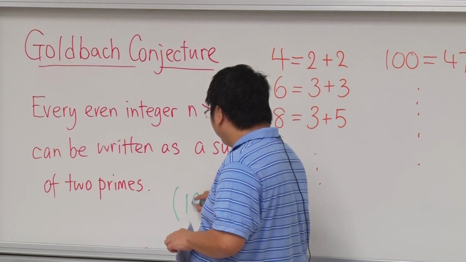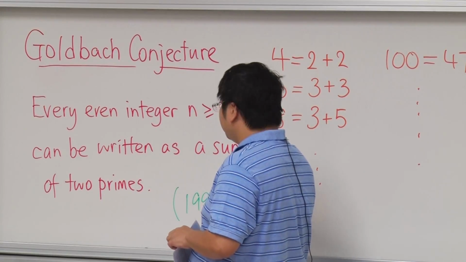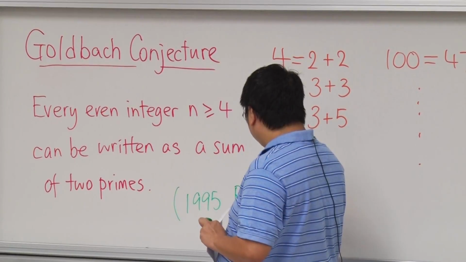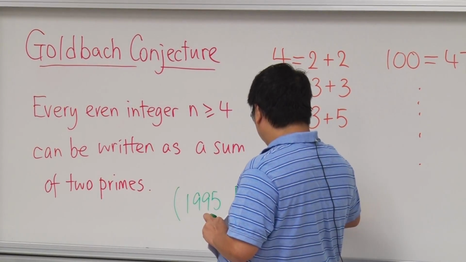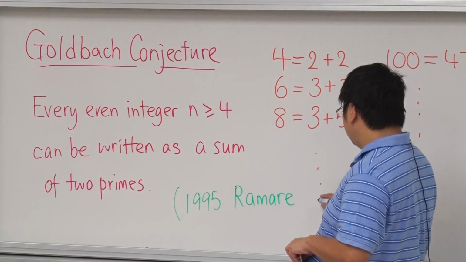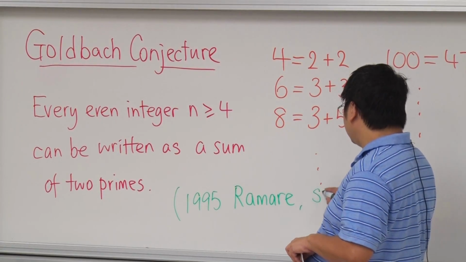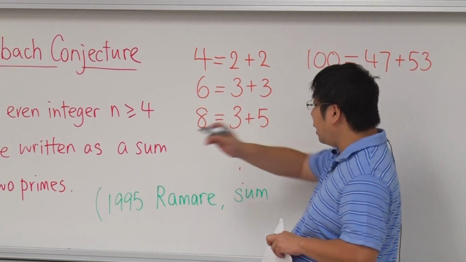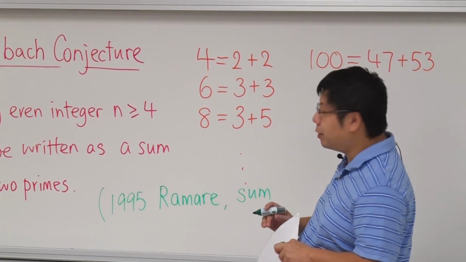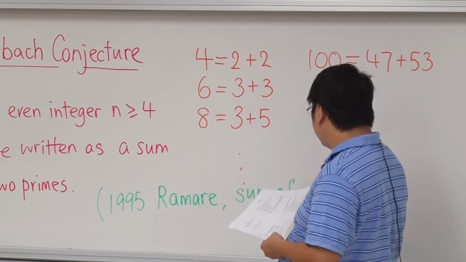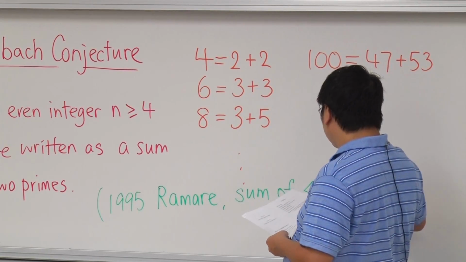So in 1995, a mathematician called Ramaré has shown that every even integer n greater than or equal to 4 can be written as the sum of at most 6 primes.